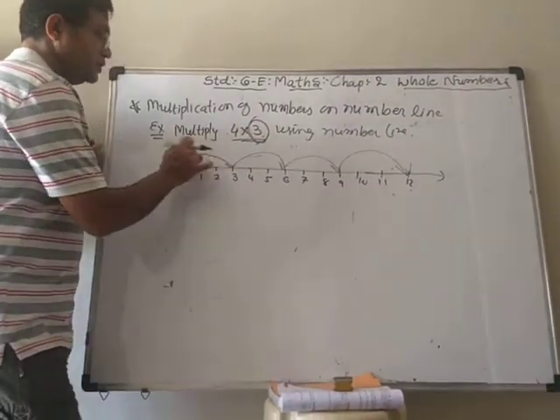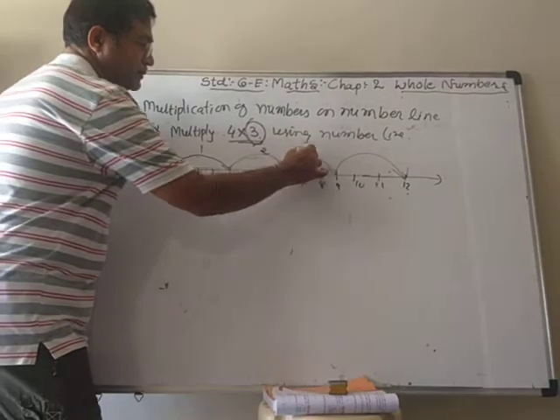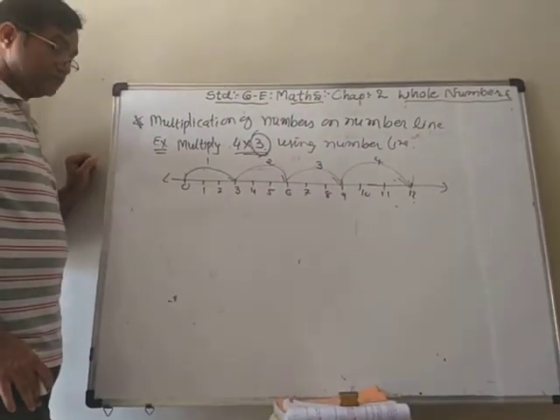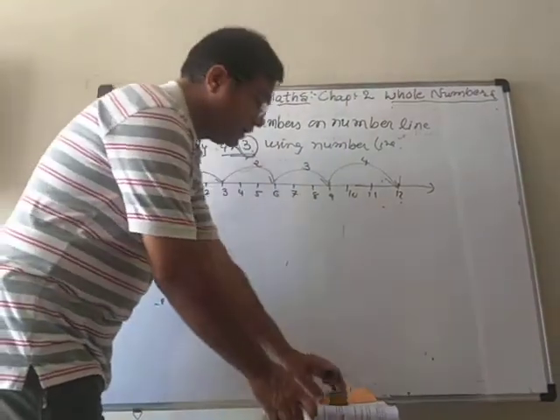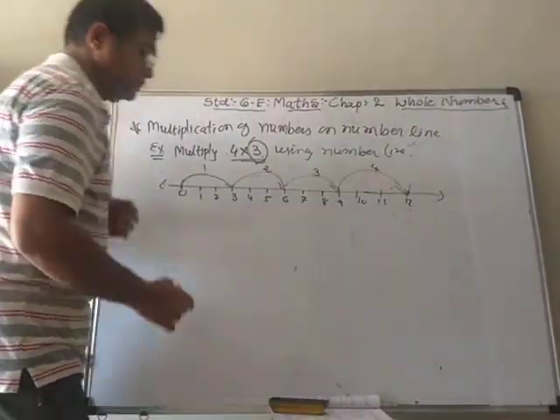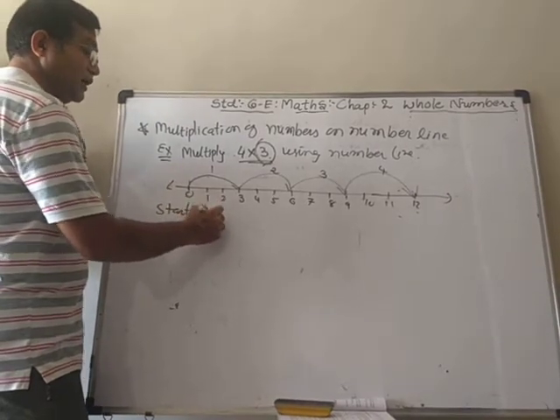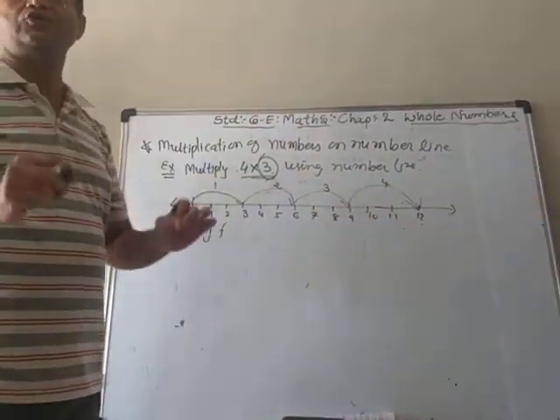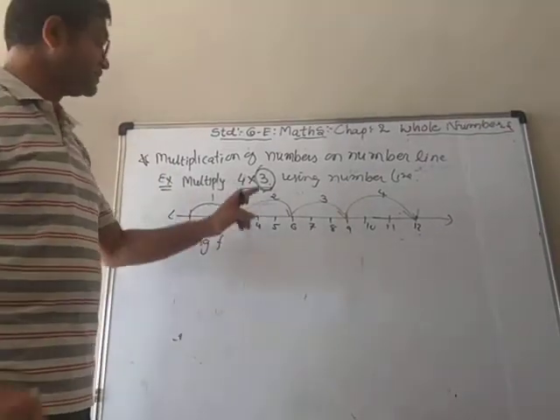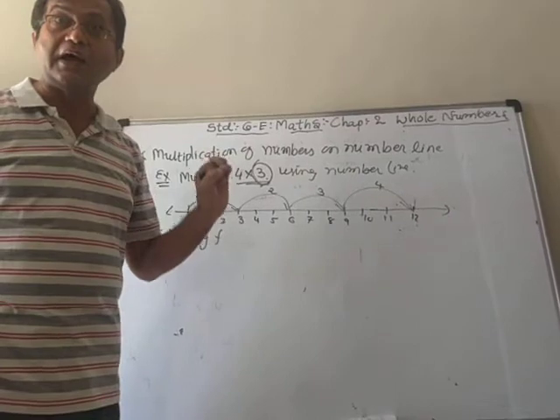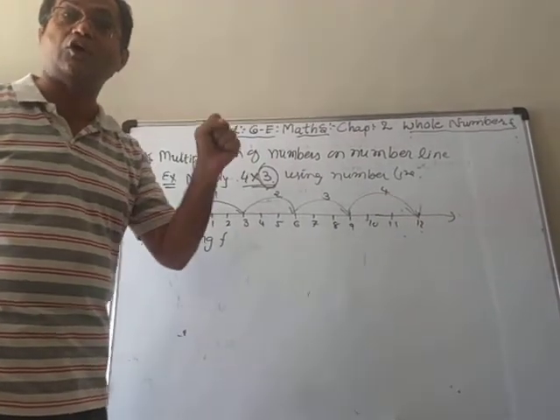Just show 1 time, 2 times, 3 times, 4 times. Right? So starting from 0. Always in multiplication you have to start from 0. It doesn't matter which number is first or which number is second.